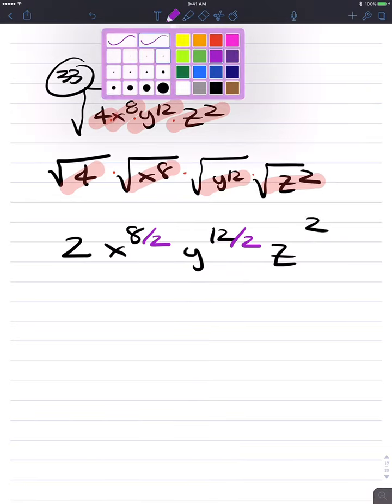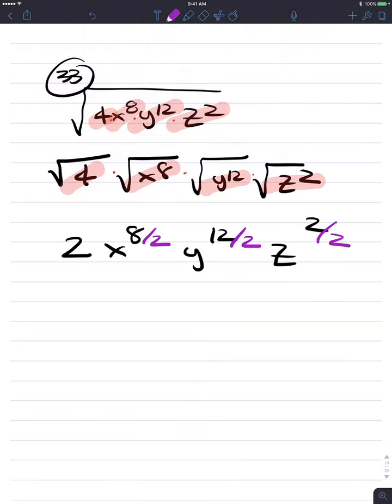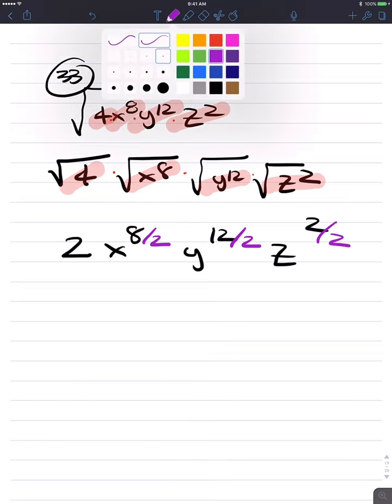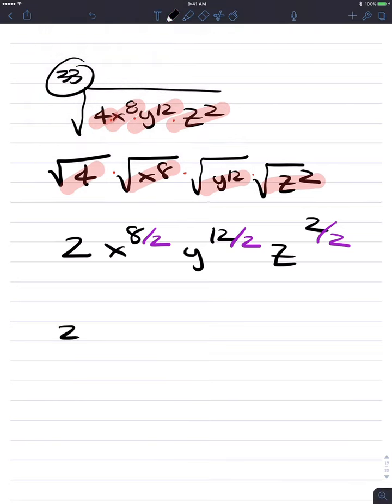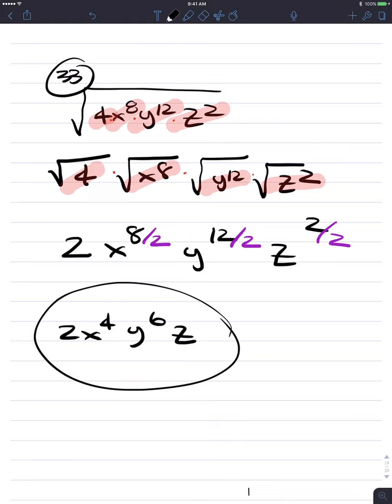We're going to divide by our index of 2. This is going to simplify to 2x to the 4th, y to the 6th, z to the first power, which is really z. We're done.